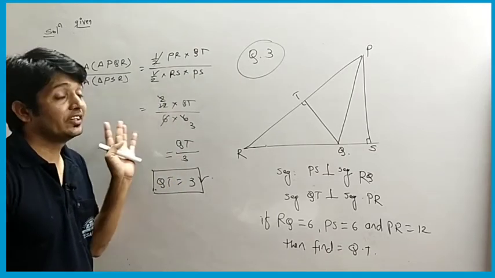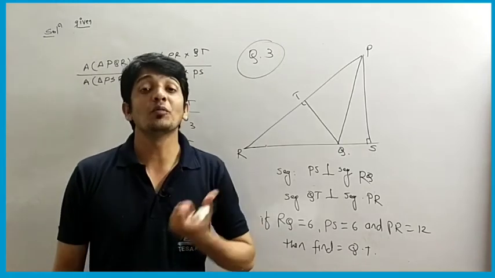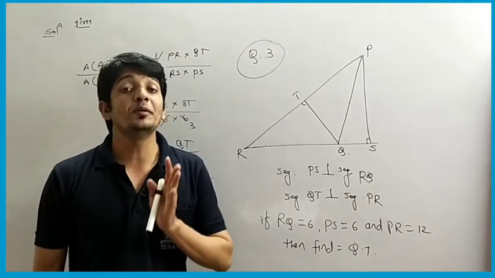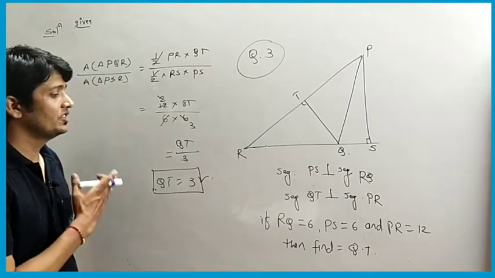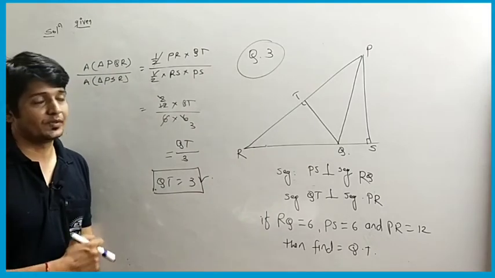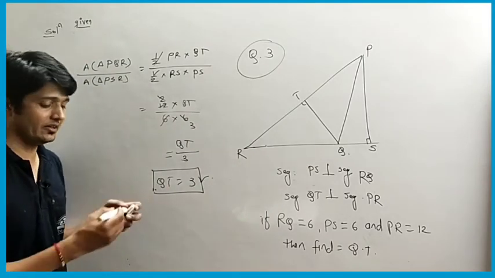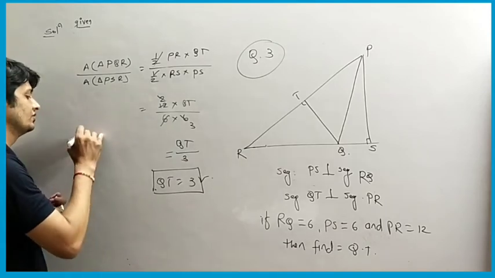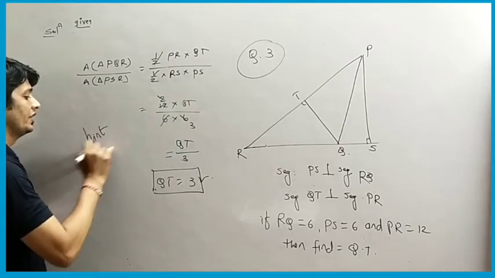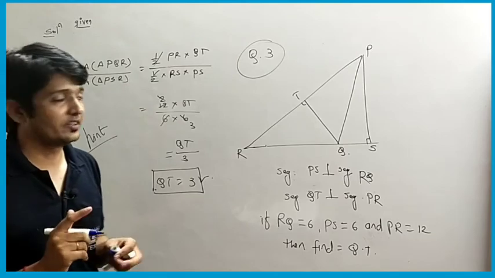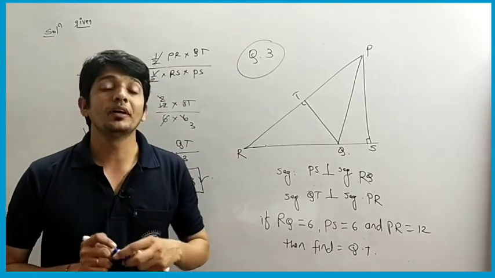So this is the hint. That means it is almost completely solved, but you have to solve it properly. This is the part that you have to solve. This is nothing but the hint for your homework, for question number 3.